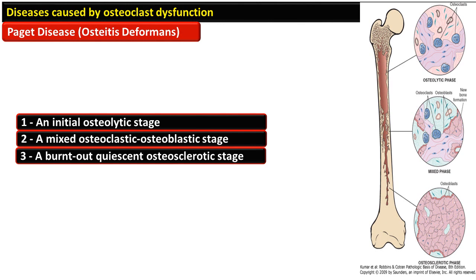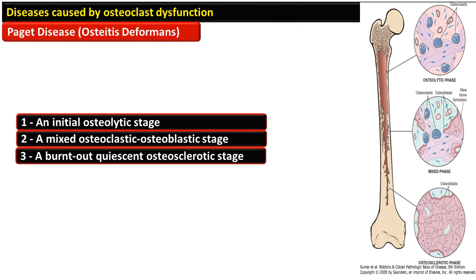If you recall your concept of healing from general pathology, these narrowed spaces are filled with collagen now, and as you know, collagen is less vascular, so these areas will be less vascularized. The third stage is also termed the quiescent stage, burnt out stage, or osteosclerotic stage, and it comes years after the initiation of the pathologic process.